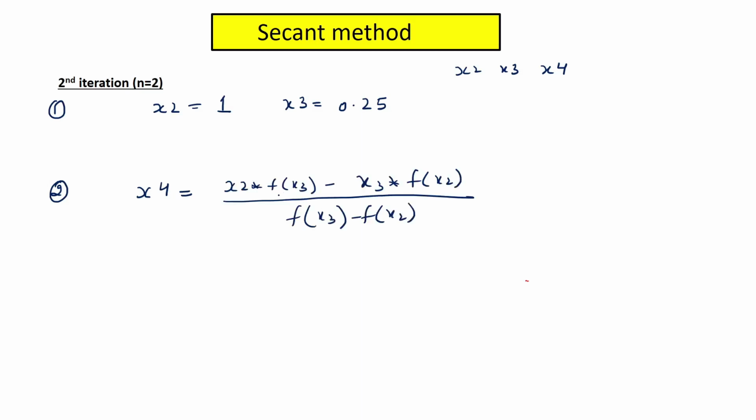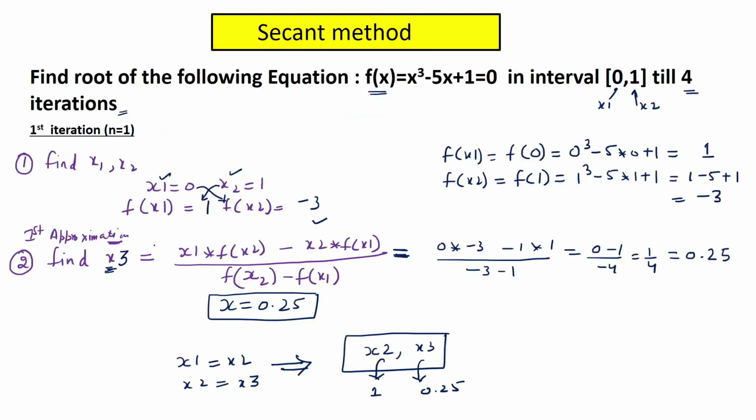Here again we can see that we need the value of f of x2 and f of x3. So in this step we have to write the value of f of x2 and f of x3. At x2 equal to 1, the value of f of x2 was -3. And at 0.25, what is the value? In the first iteration we have not found the value of the function at 0.25, because this was actually x3.